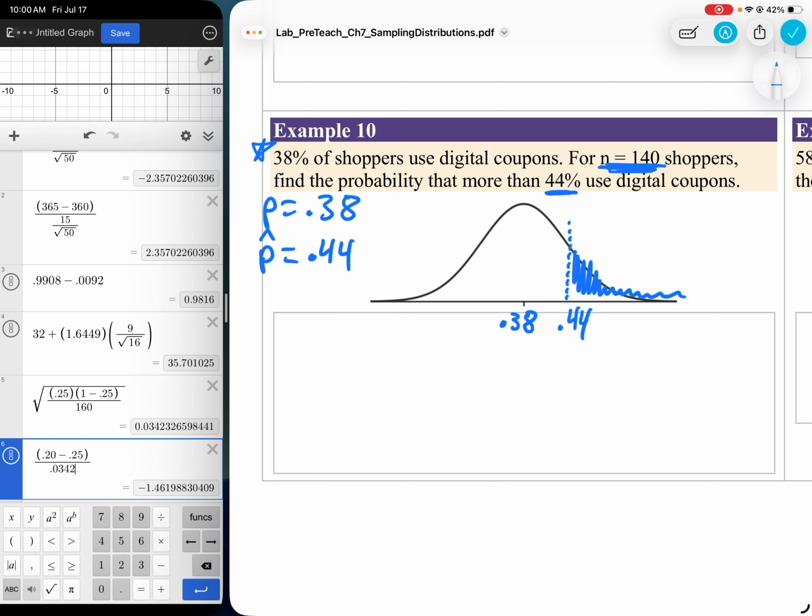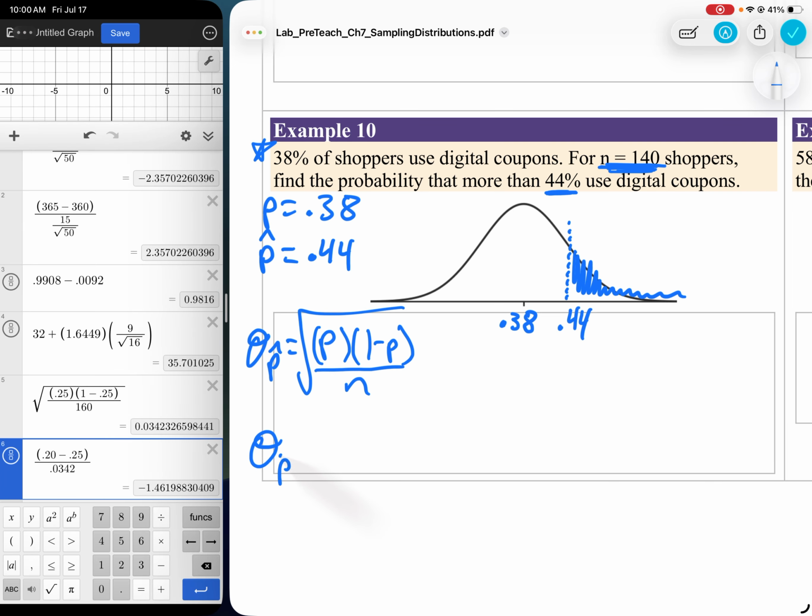So to find the standard deviation, when we're talking about a population proportion, we're going to take p times 1 minus p, divide it by the sample size, and take the square root.